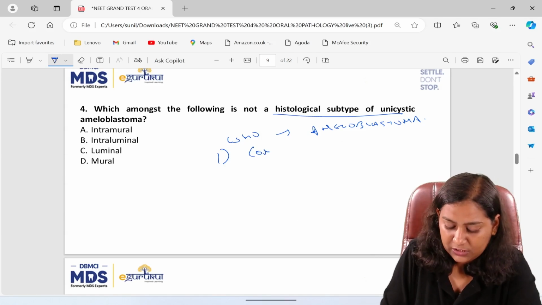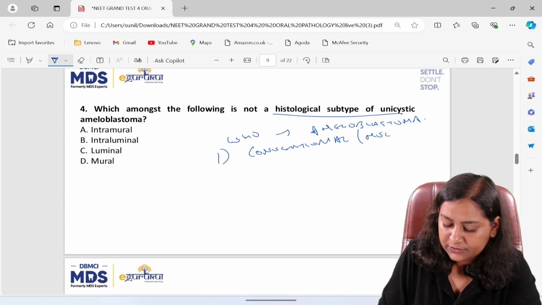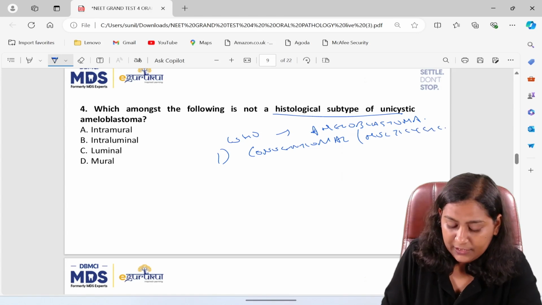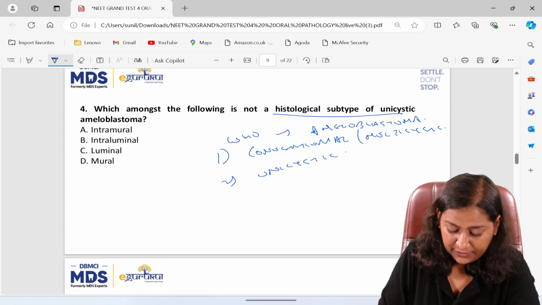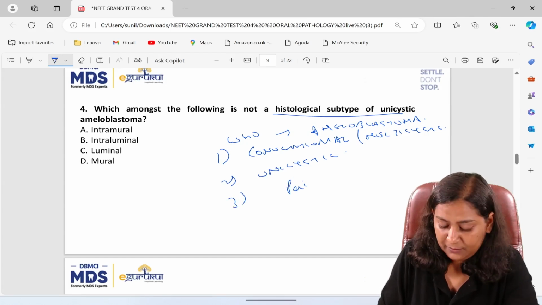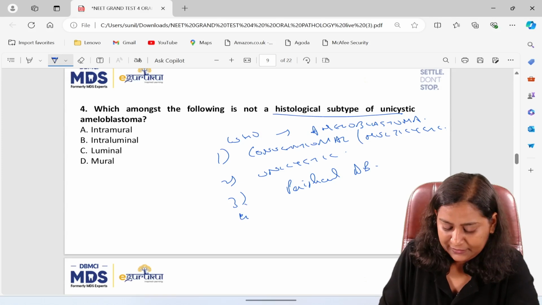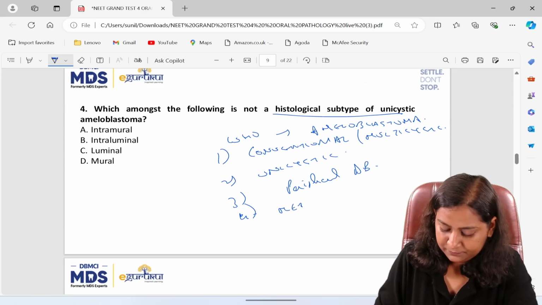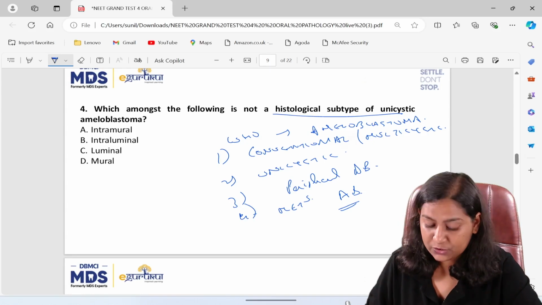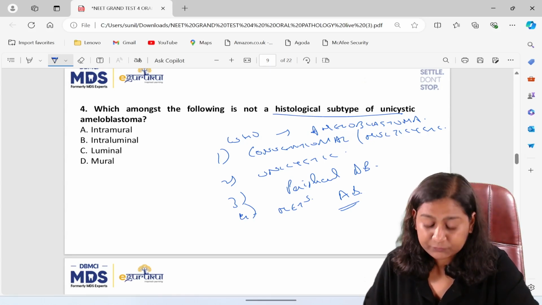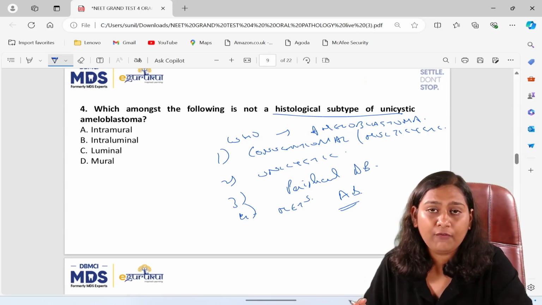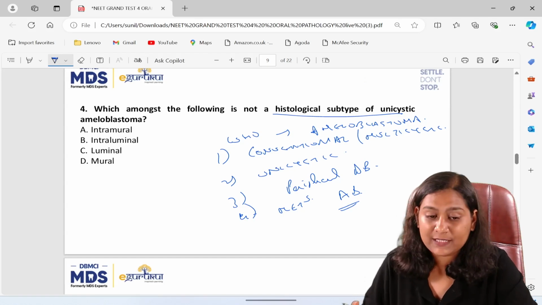Okay, unicystic ameloblastoma is another category. Then we have peripheral ameloblastoma, and metastasizing ameloblastoma. So these are the four histological classifications of ameloblastoma by WHO.